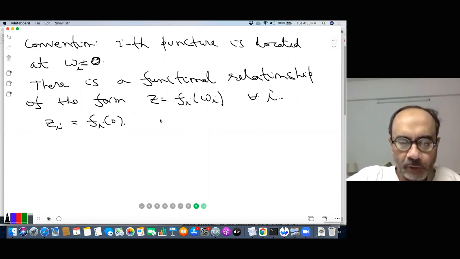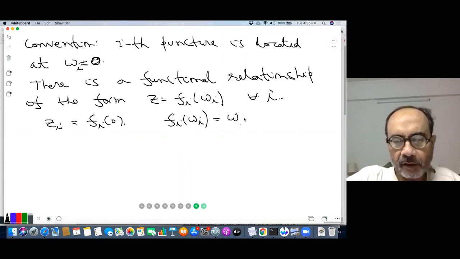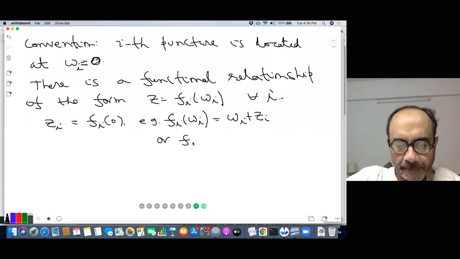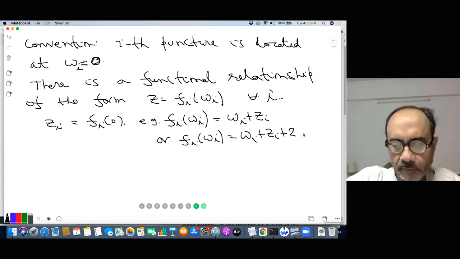So, for example, we could take fi of wi to be wi plus zi. That's a simple case, a possible choice, because wi equal to 0 maps to zi. But you could also choose other maps, because this also has the property that wi equal to 0 maps to zi.